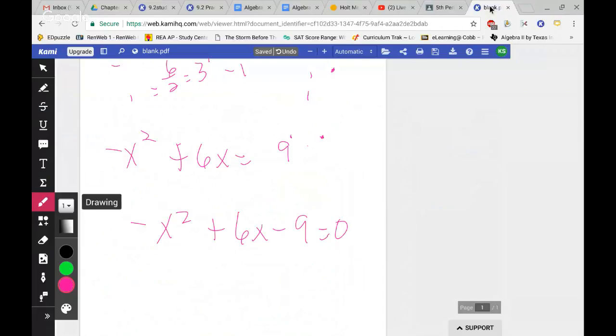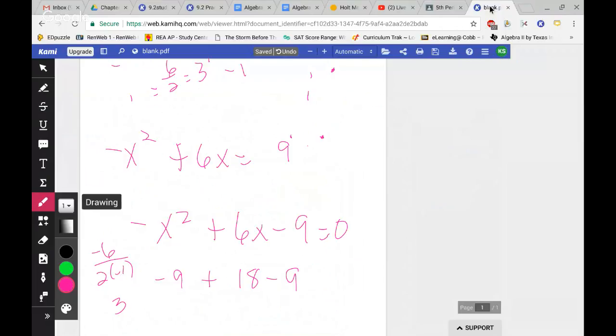So then your vertex is going to be the opposite of 6 over 2 times a negative 1, which then is going to be a positive 3. And if you plug that back in, you'd have a negative 9 plus 18 minus 9. So it's going to be real high up there, once again, for that vertex.